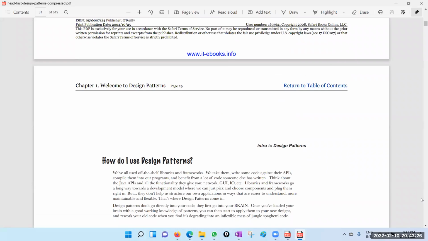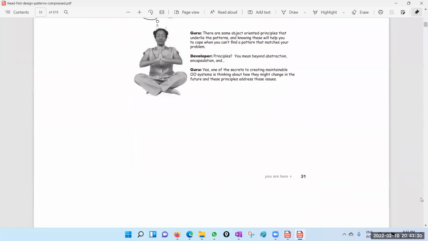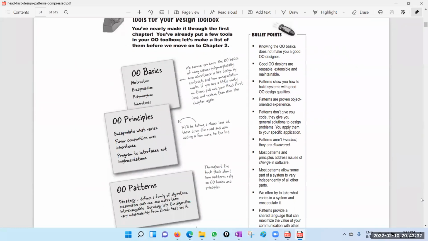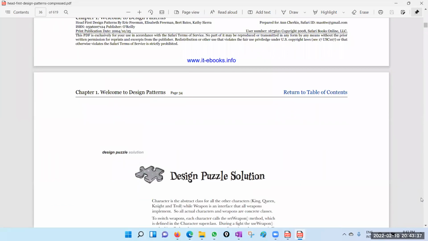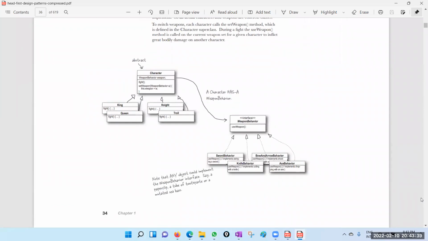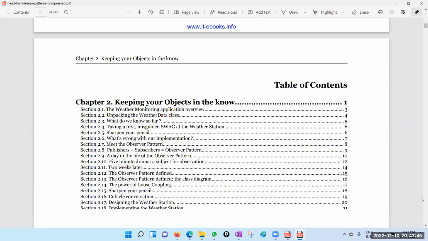Then it explains other patterns like observer, adapter, decorator, etc. Not all the patterns: there are about 14 or 15 major patterns, but this covers only about 6 or 7.